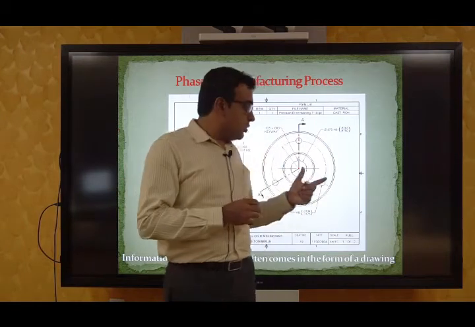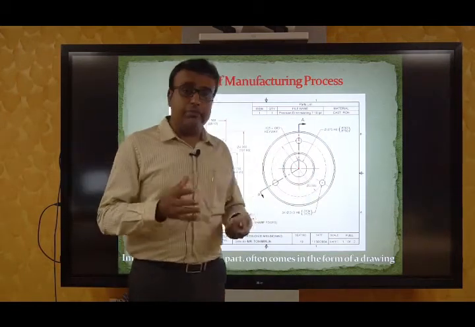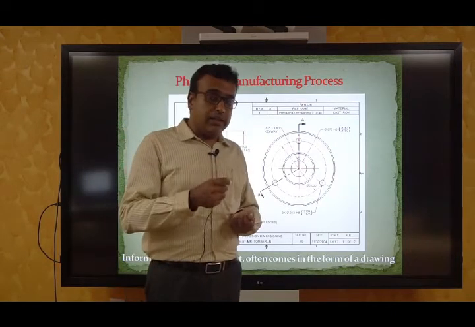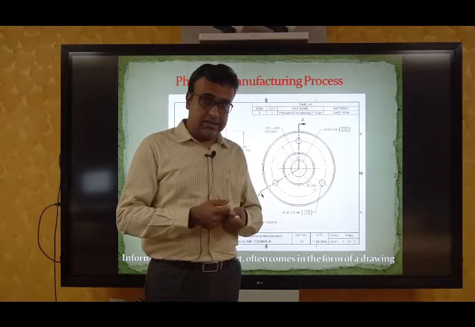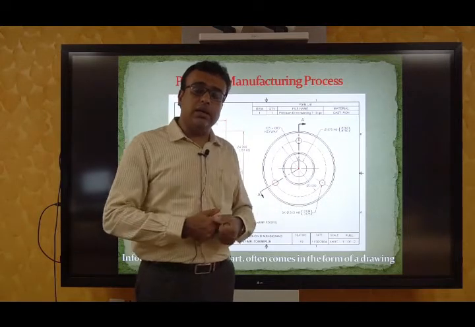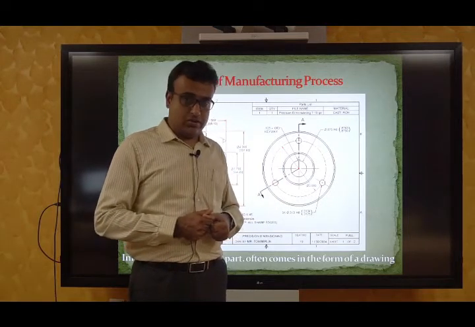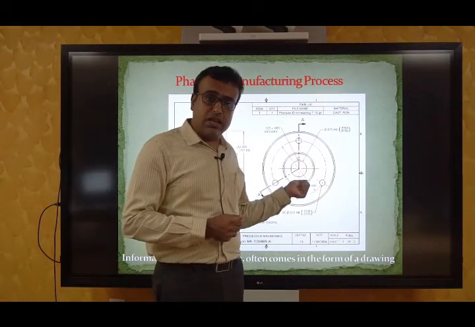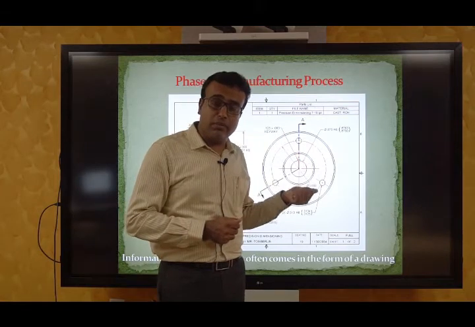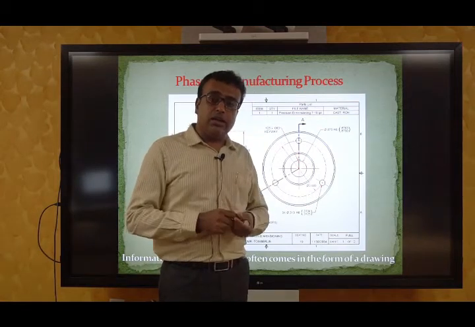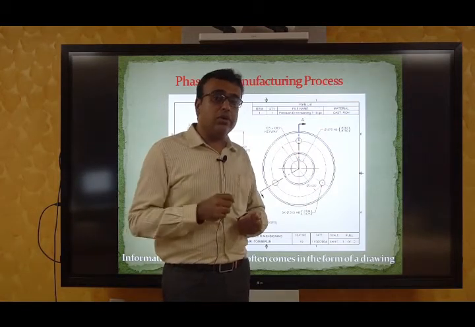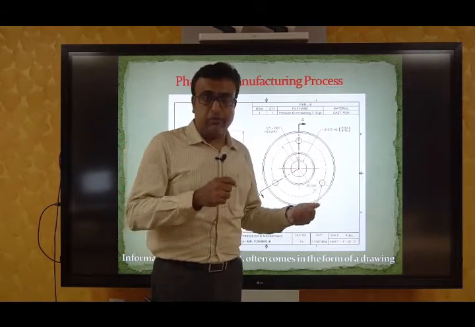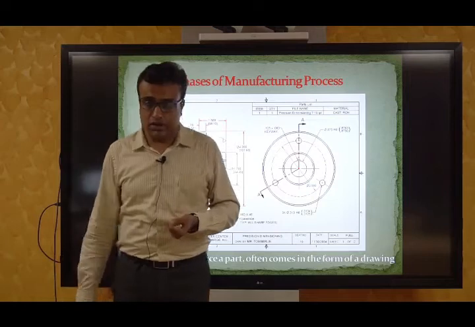Now this drawing has to be read properly and understood, then the material has to be selected, then it goes to the selection of the manufacturing process. So the interpretation of this, proper understanding of these drawings, and the requirements of that product all play an important role in what process we will select for making this particular product.